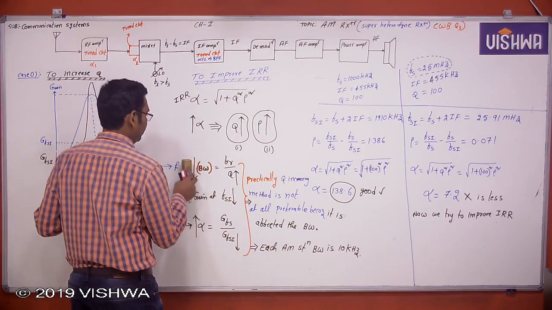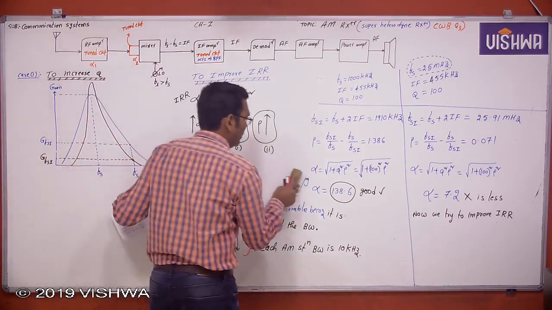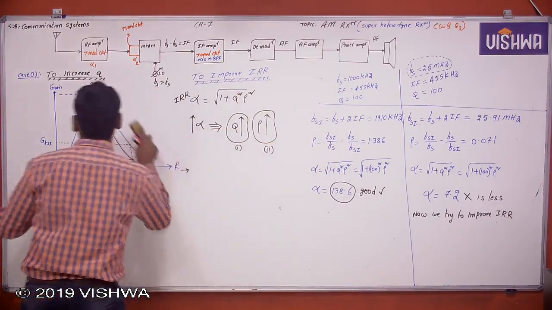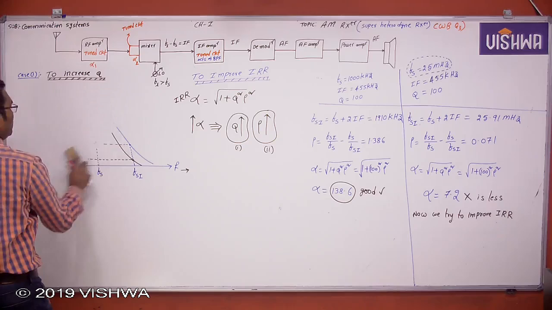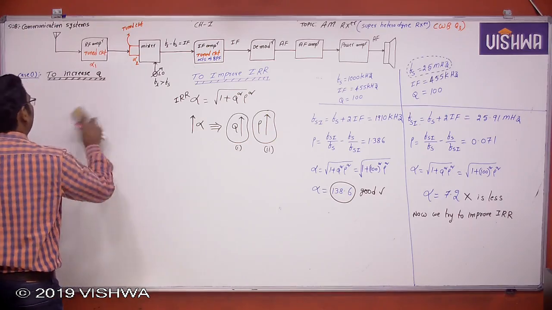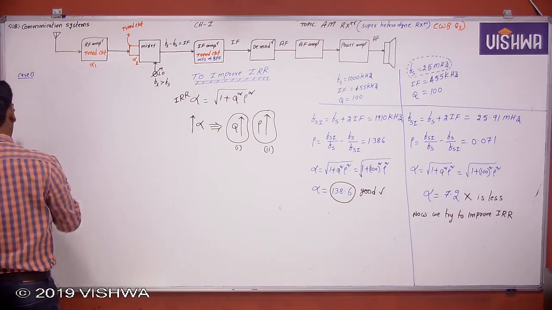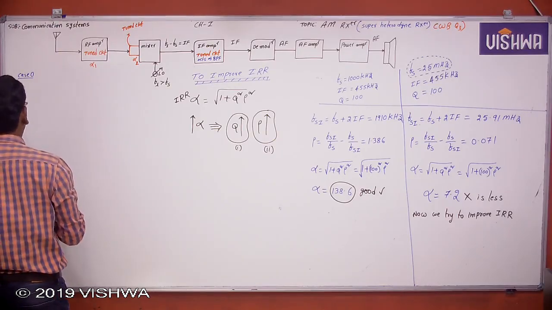Okay, so this method is not at all acceptable practically. So we never use quality factor increasing in order to improve the image rejection ratio. Therefore now there is a second method.